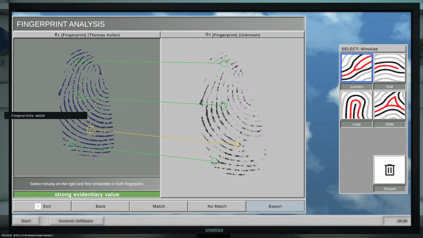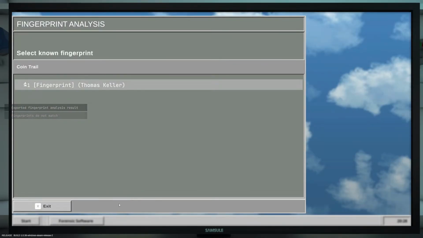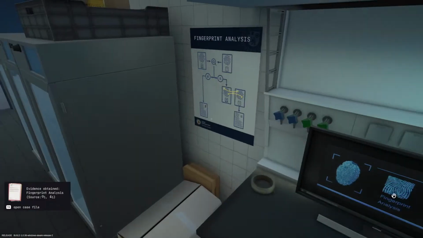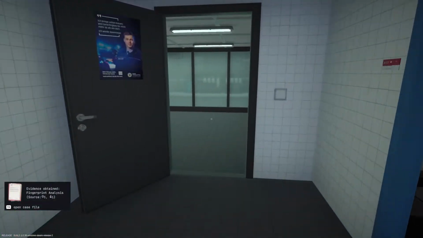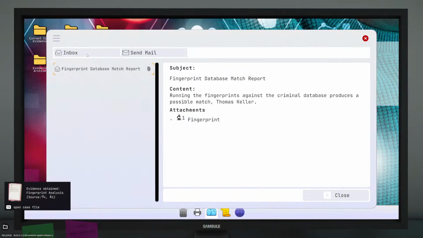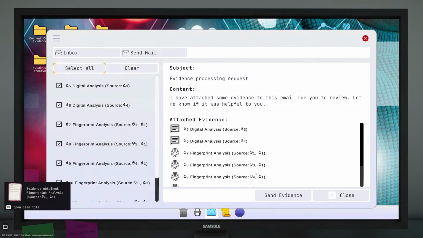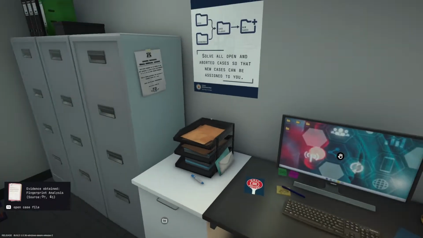There we go. Match, export, go back, do the last one. No match. Okay. Let's grab these results. We will report our findings here. And then see what kind of results we get back. Alright, send mail. Select all. Send evidence. And let's see what we get back here.